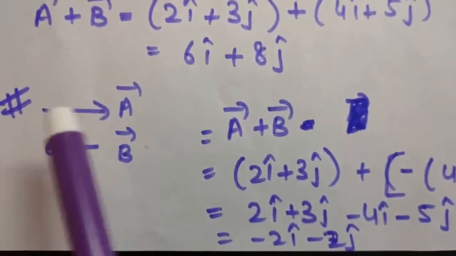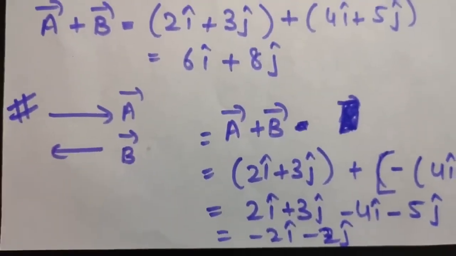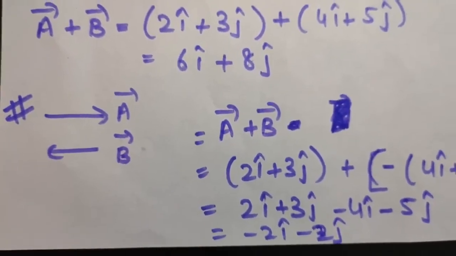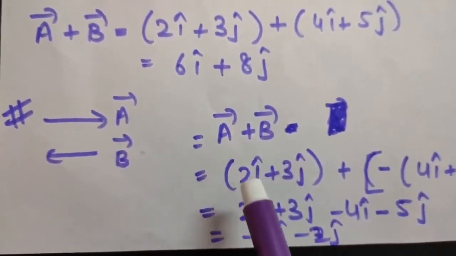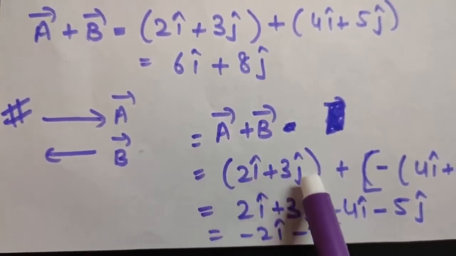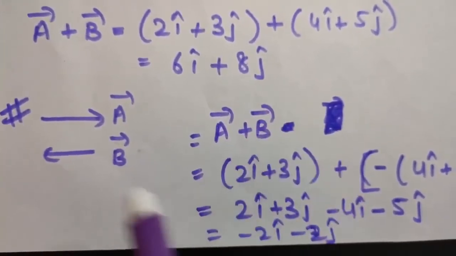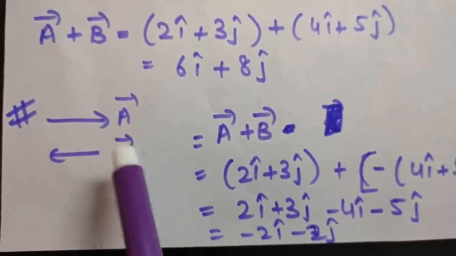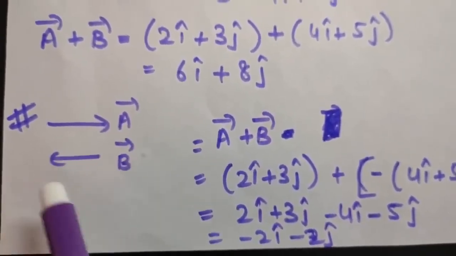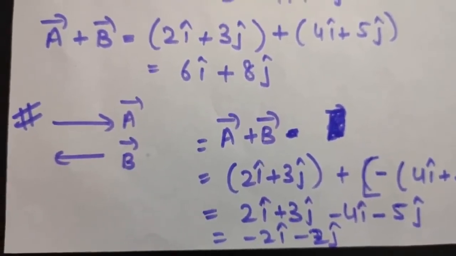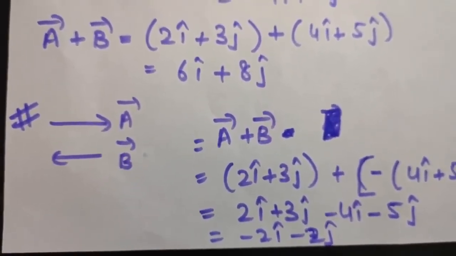Now suppose they have opposite direction. Now look here, A and B are having opposite direction, and again it is asked to add these two vectors. So we have to do A plus B. A is nothing but 2i cap plus 3j cap plus B. Now to add this to A, they are in opposite direction, so we have to use a negative sign for B if I am considering direction of A to be positive.